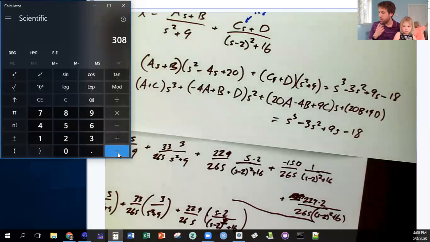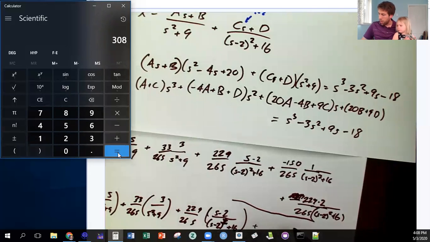Okay, so I got a 308, but again, I'm looking for a positive 4 over s minus 2 squared plus 16, leaving the fraction out, because I wanted this to look like a sine.